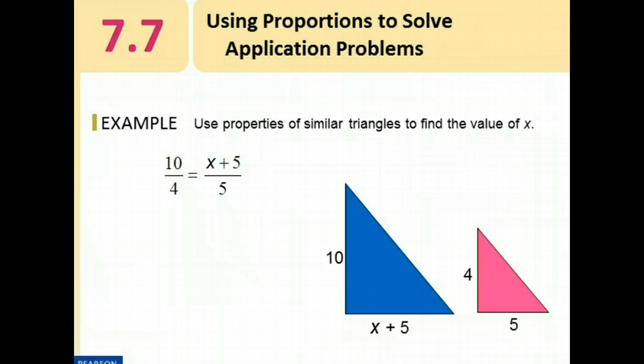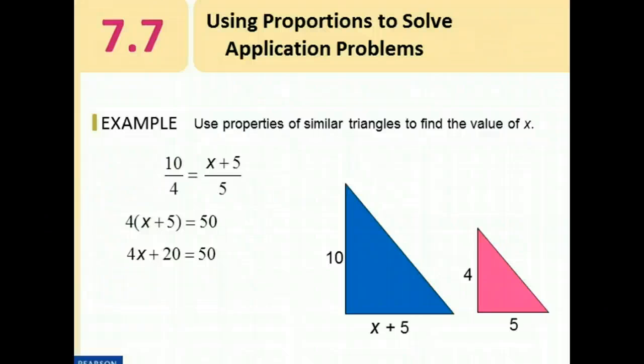So remember, the first step is to set the cross products equal to each other. And note that when we multiply the quantity x plus 5 times 4, we must put the x plus 5 inside parentheses to show that multiplication properly. Now we simplify both sides, which means we distribute the 4.